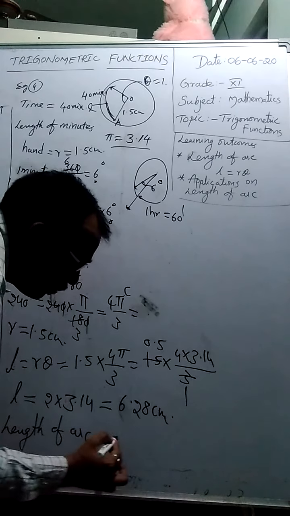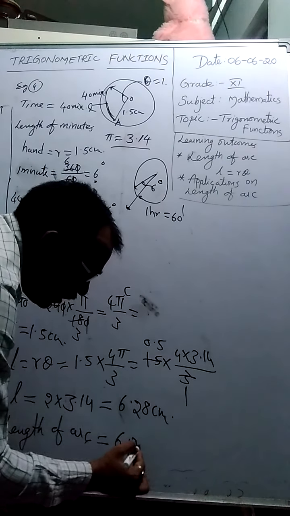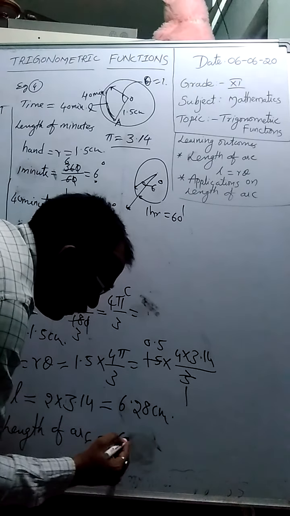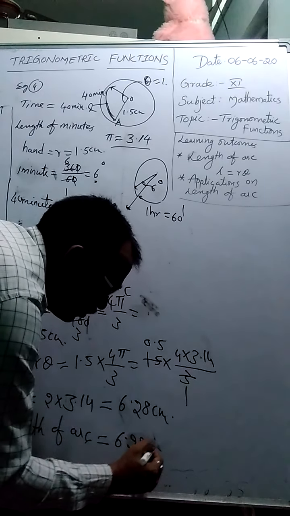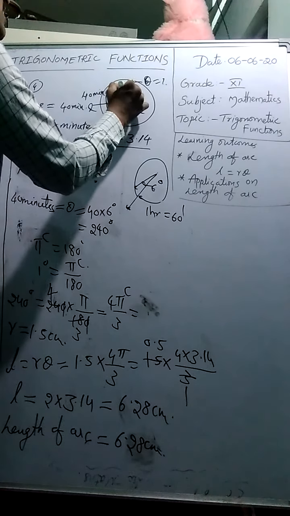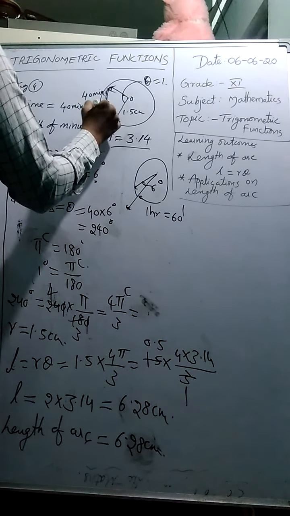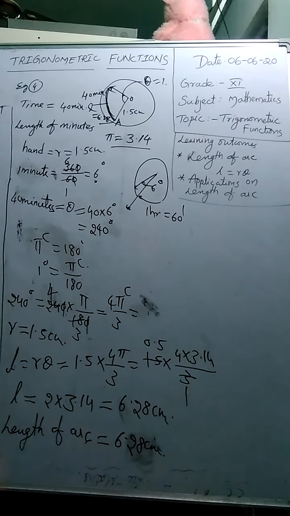So the length of arc subtended or completed by the minute hand in 40 minutes is 6.28 centimeters. So in 40 minutes of time it can travel 6.28 centimeters, students. This is another application on length of arc. When the time period is given and the length of the minute hand is given, that is nothing but the radius.